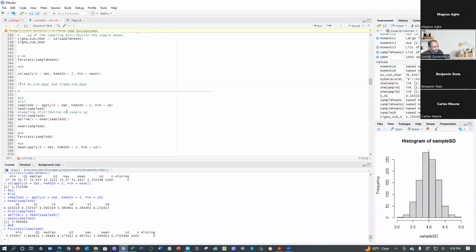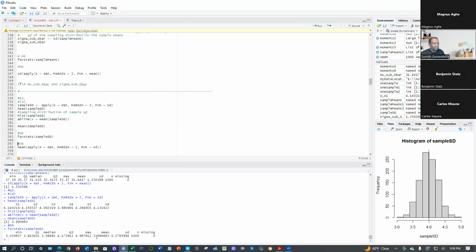I'm going to get the SD for all the columns, then find the histogram, then find the mean of that, which is 3.99. I'm going to put it over here: 3.99, almost 4, 3.9907. And the standard deviation is 0.2764.